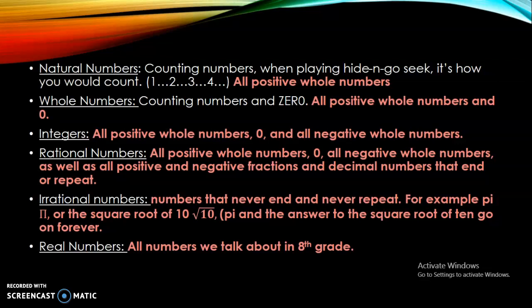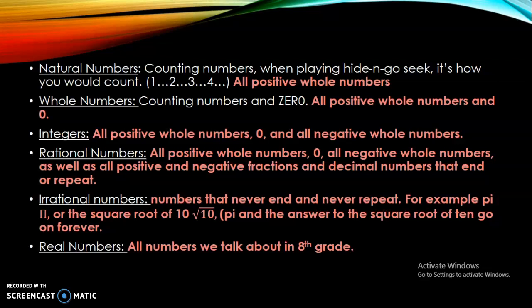Likewise, the square root of 10, which is that radical thing with 10, we talked about the week before spring break if you did your homework. We'll never be able to figure out the end of the number, because it's going to go on forever. And then every number that we just identified is known as a real number. It's all numbers that we talk about in 8th grade, including irrational, rational, integer, whole, and natural numbers. So make sure you have these definitions.